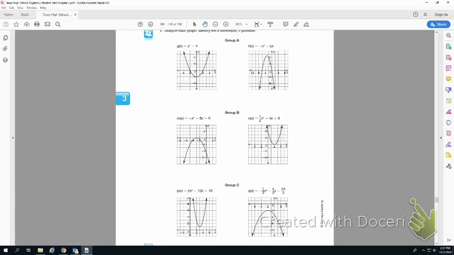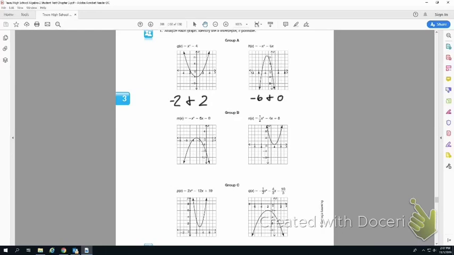So the first graph in group A, what are the two x-intercepts? -2 and +2. On the second one, not -5, -6 and what? And 0.